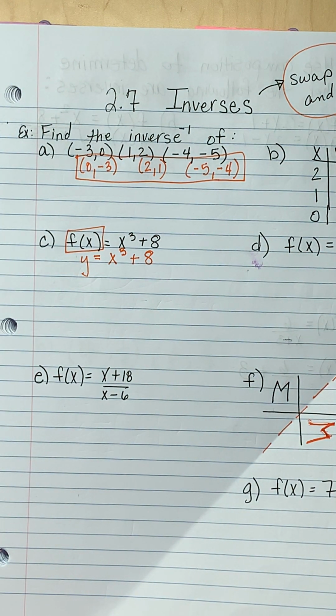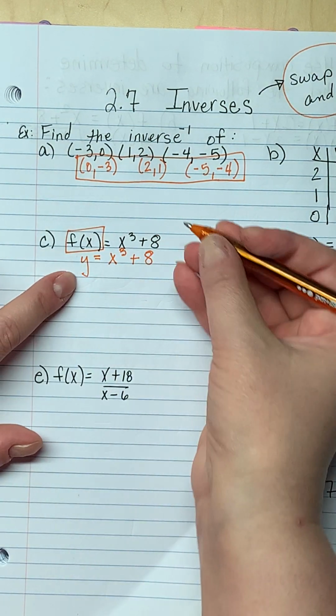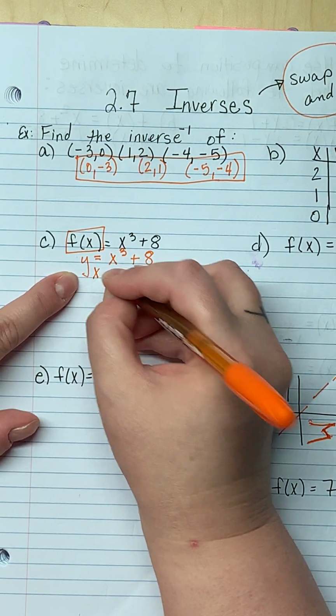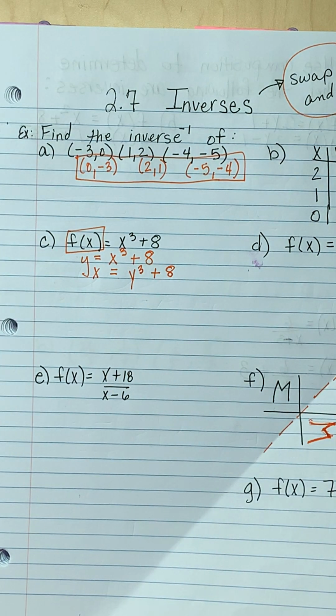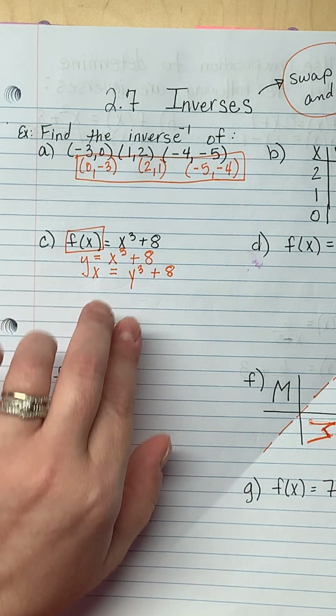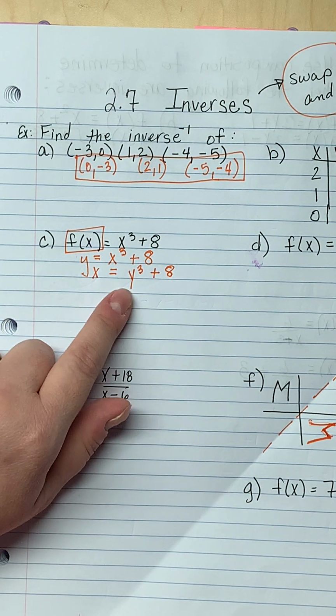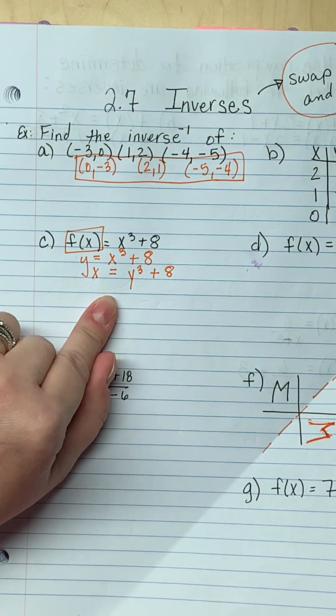And then the whole point of an inverse is to swap the x and the y. So let's swap the x and the y. We get x equals y to the third plus 8. And then if I want to find the inverse, I already did by swapping the letters, but I just need to clean this equation up by making it look like y equals.